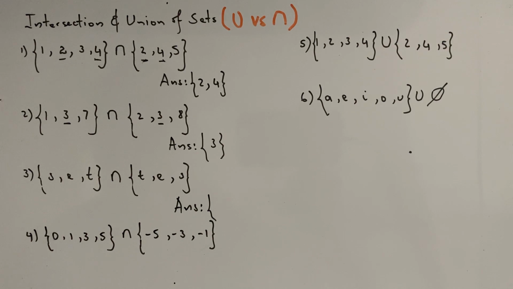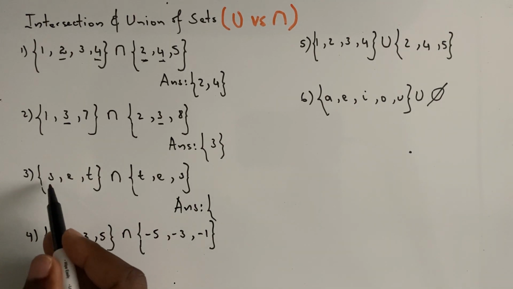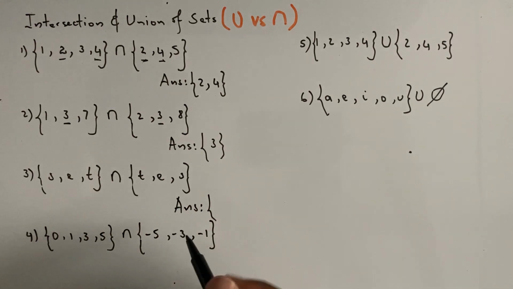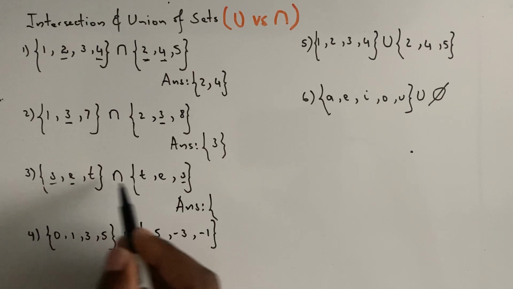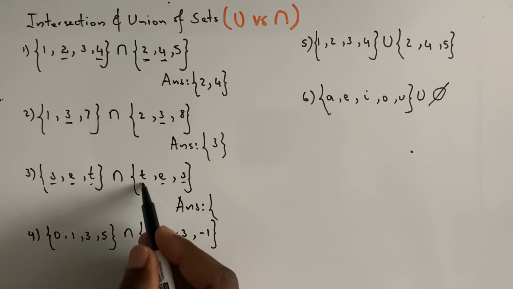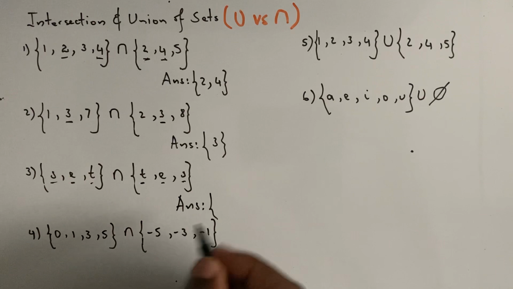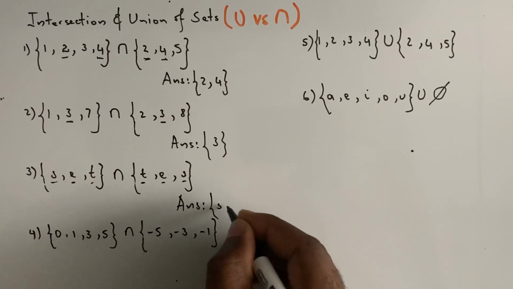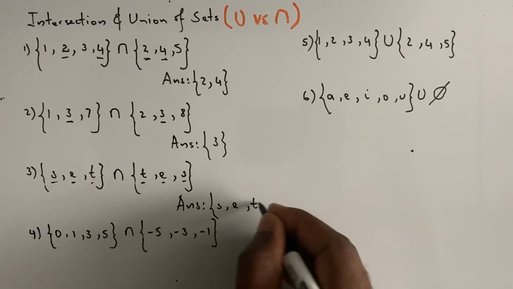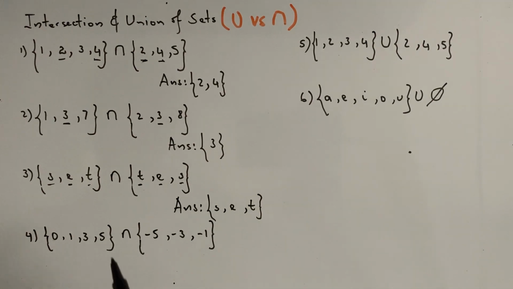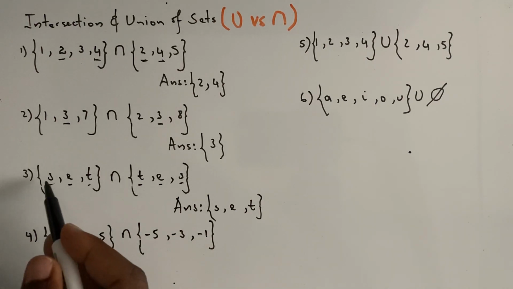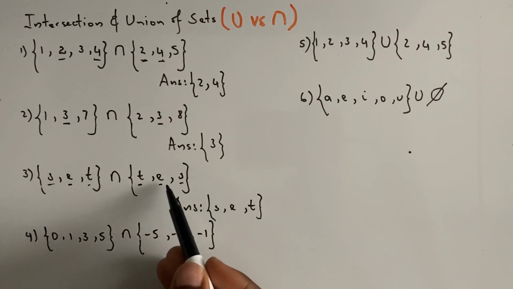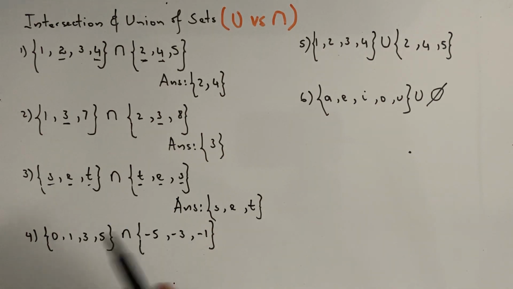Although it's written backward, you still have S in both sets, E and T. So everything appears in both sets, and the intersection will be S, E, T. It doesn't matter how you write it because you're just trying to see what appears in both sets. I picked S because S is also part of the second set, E because it's part of the second set, and T, part of the second set.